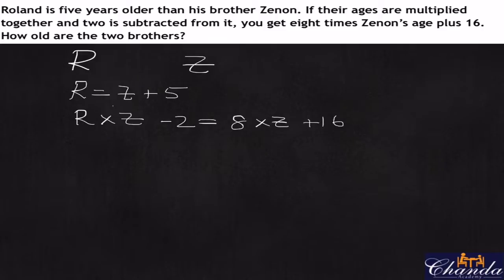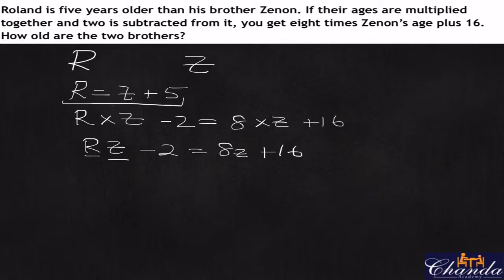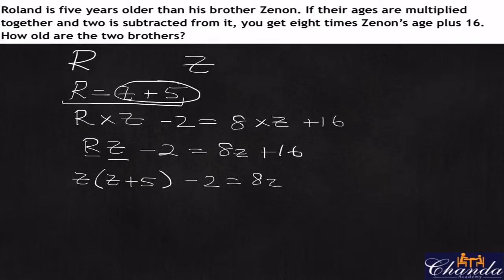So we have RZ minus 2 is equal to 8Z plus 16. Now the problem is we have two different unknowns here. However, we can also use the substitution method. So wherever R comes up, let's replace it with a Z plus 5. So we have Z and then Z plus 5 minus 2 is equal to 8Z plus 16.